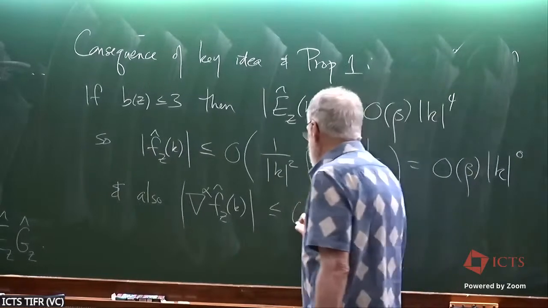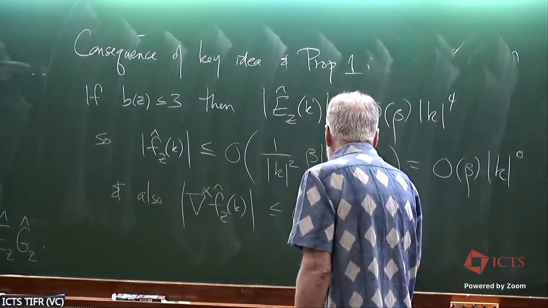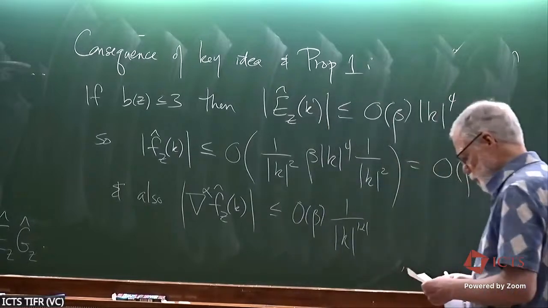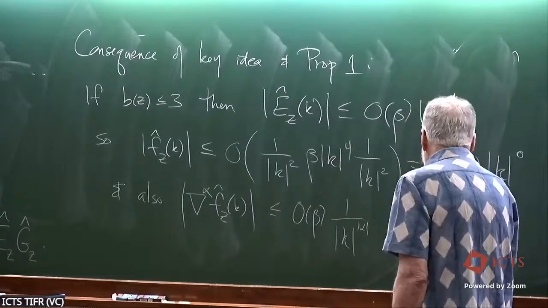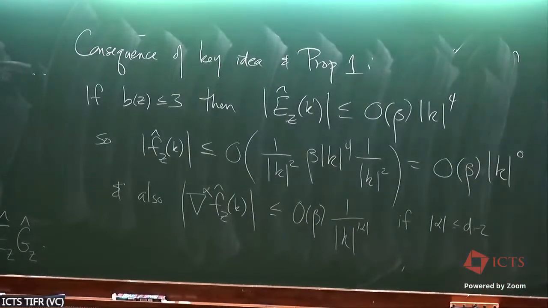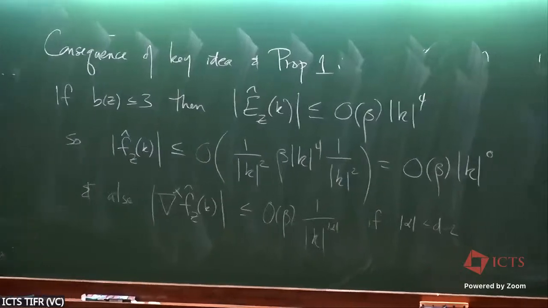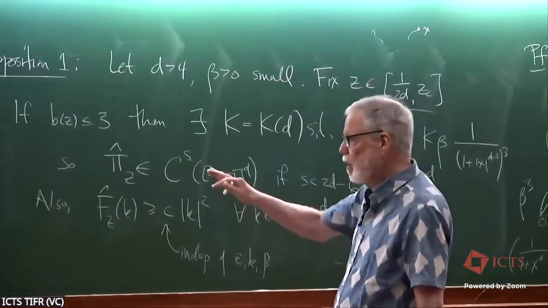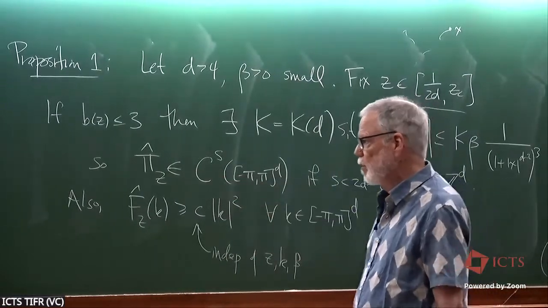So you keep the beta, but you're going to have 1 over k to the alpha. And you'll be able to do this if alpha is less than or equal to d minus 2. That's how many derivatives you'll be able to take, basically because of this fact. I'm not going to do the arithmetic right now that says that this is the limiting factor, but for d equals 5, this is the best you can do.